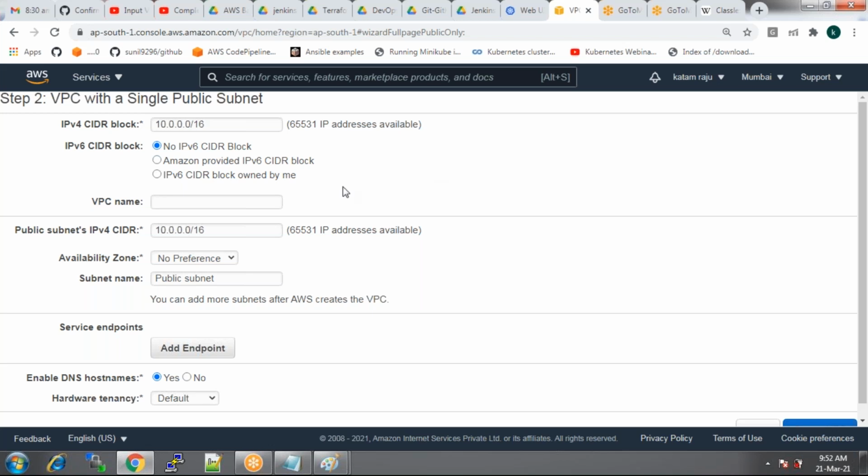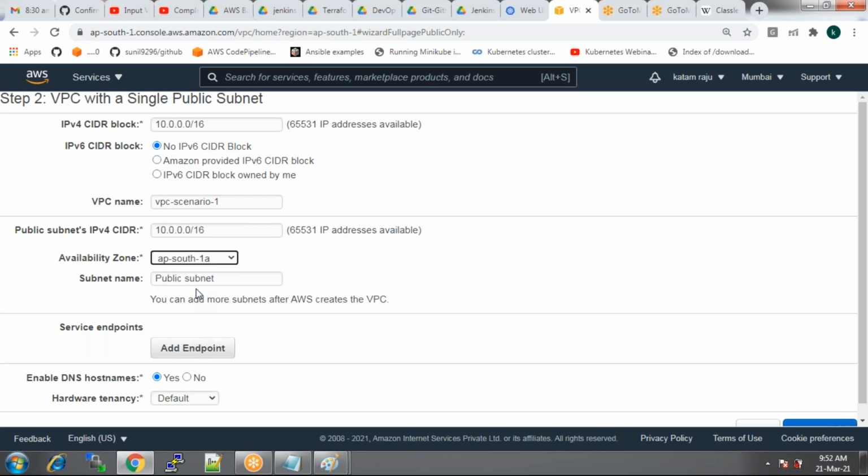Okay, good. So go with class B range and then the VPC name. I'm creating a VPC with VPC scenario 1. So what is VPC scenario 1? VPC with public subnet only. That's scenario 1 we are creating. And then next is the subnet CIDR block, and then you have availability zones. Now, select the availability zone.